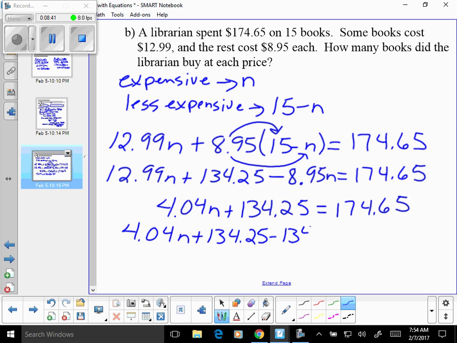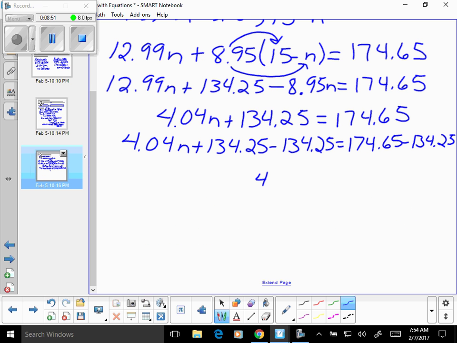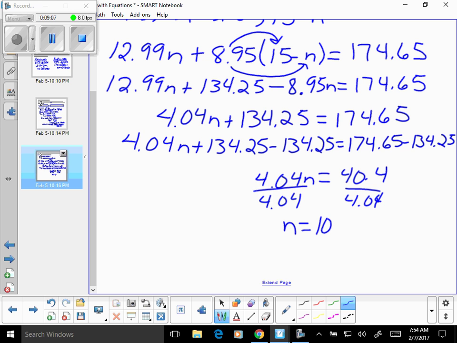So we're going to subtract and we will be at 4.04n equals $40.40. Now we divide, and we find that n is 10 books.